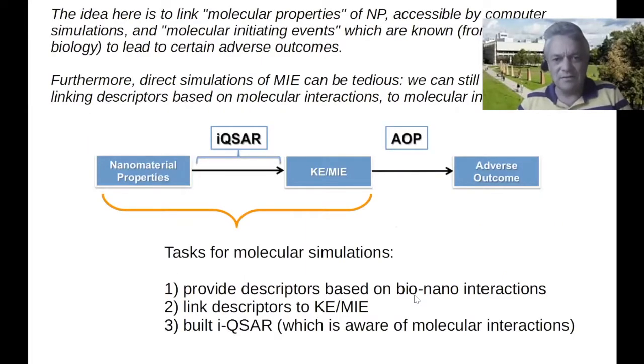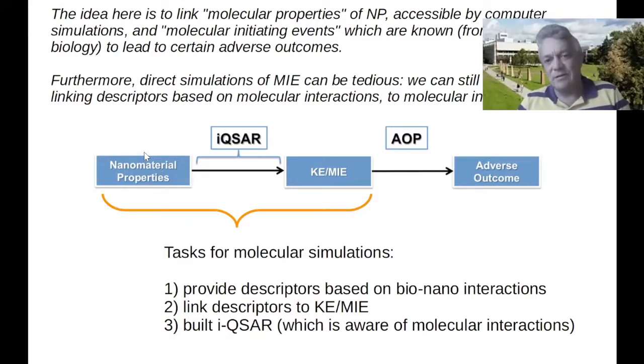So the basic idea of this approach is that we can start from nanomaterial properties, and using modeling we can find in which cases we get certain molecular initiating events which lead to certain adverse outcomes. And further, we can produce descriptors for these properties which lead to the molecular initiating events.